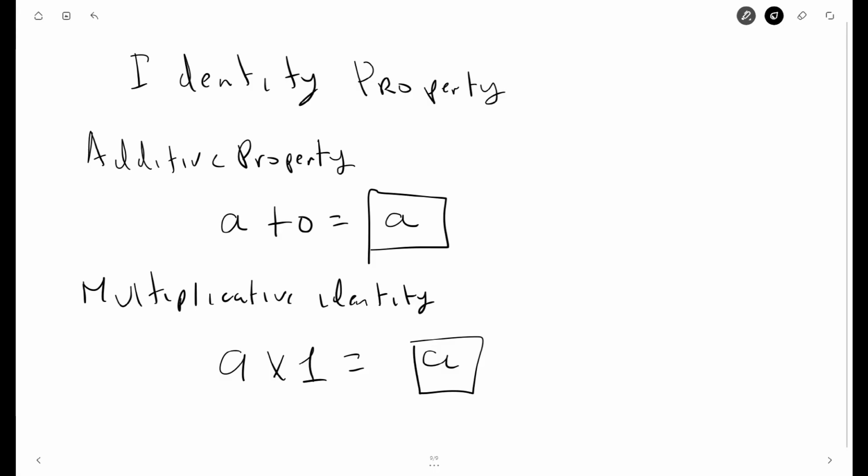Let's go to the next property. The next property is called the inverse property. The inverse property relates to operations that undo each other, specifically in addition and multiplication.